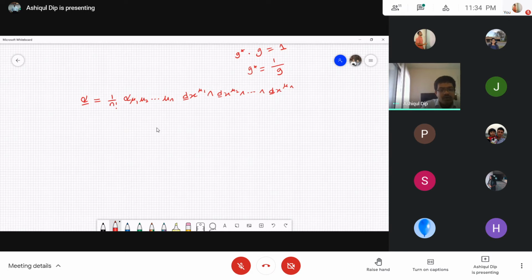So this is a P form, and the wedge product. Actually, let's write the P vector as well.